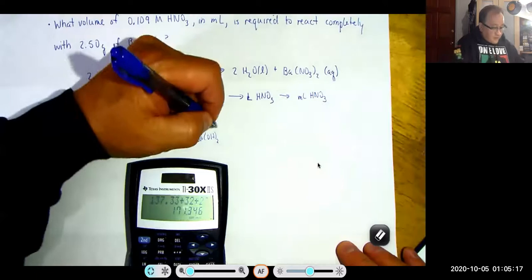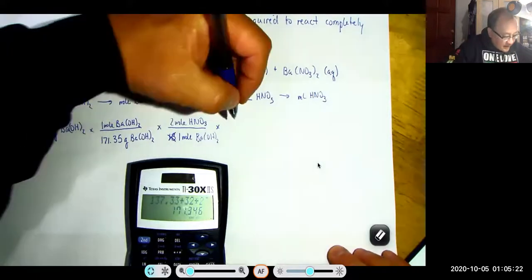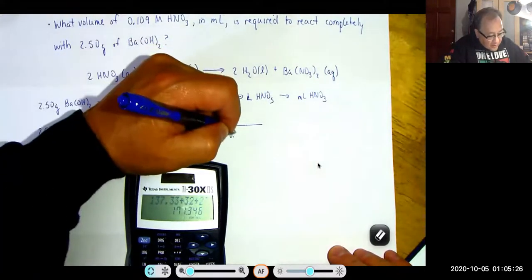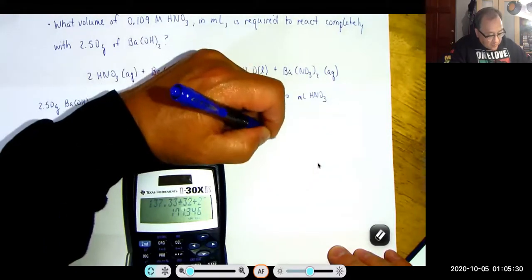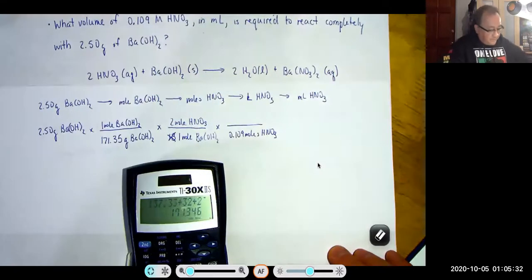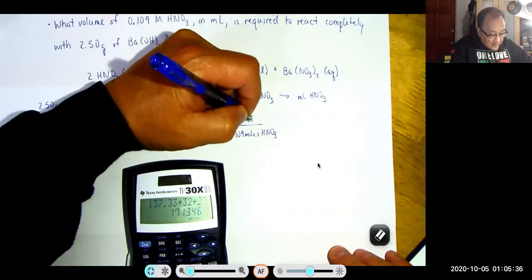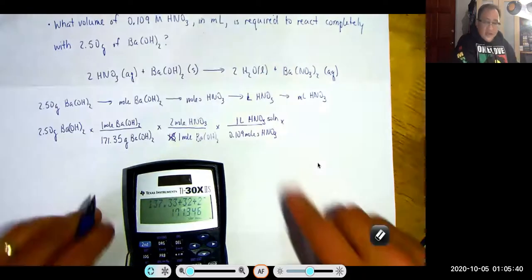Now, I want to go to liters of nitric acid, so I'm going to use this molarity. And I'm going to put the 0.109 moles on the bottom so that it cancels with its moles on top. And this is for 1 liter of nitric acid. And here, just to be very clear, I'm going to write nitric acid solution.